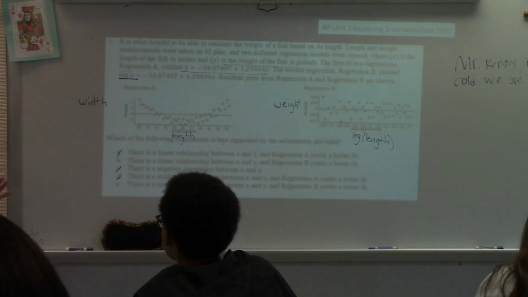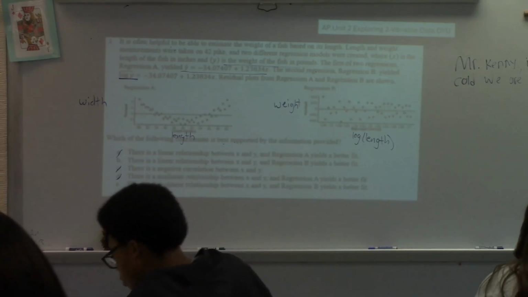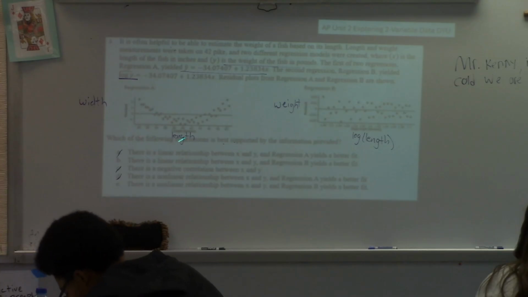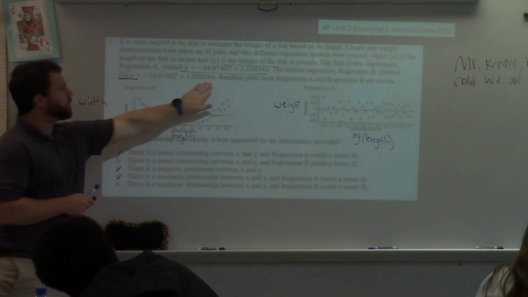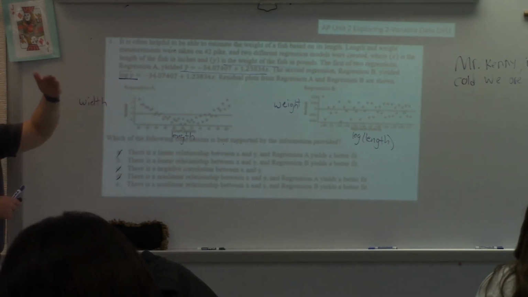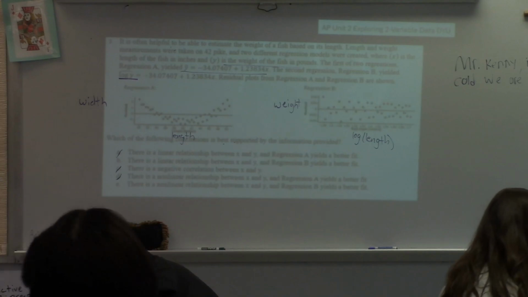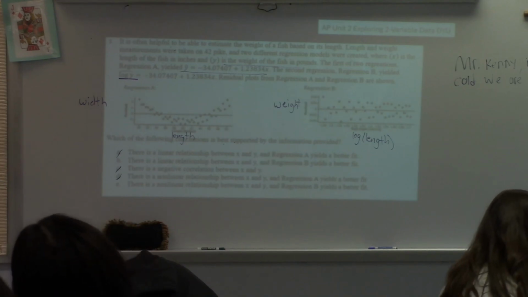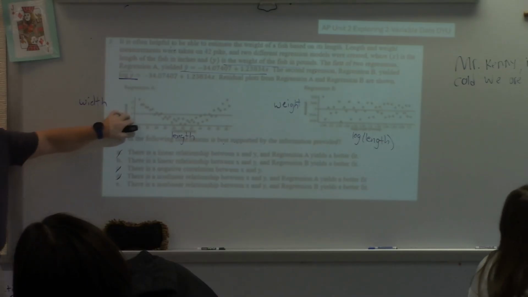Again, I feel like that's one of those places where some of us should probably be writing a note down about there's a non-linear relationship here between x and y, but there is a linear relationship between x and the common log of y. Kenzie? Okay, this is probably a very dumb question, but how can you tell that it's not linear? So remember, this is a residual plot, right?